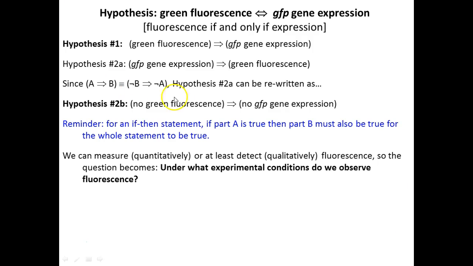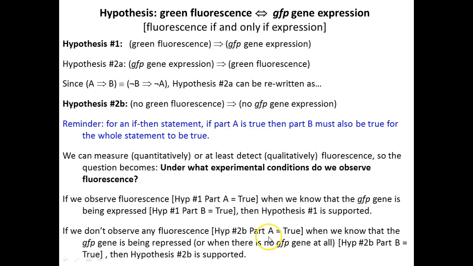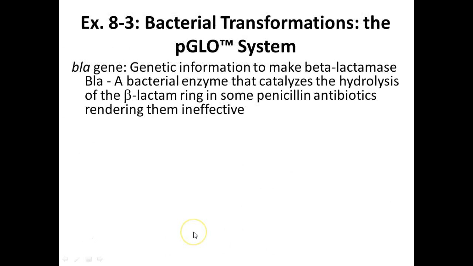So we can measure qualitatively, we can look and see green fluorescence. So we know under what experimental conditions we'll be able to observe fluorescence, and that's when we have the arabinose.